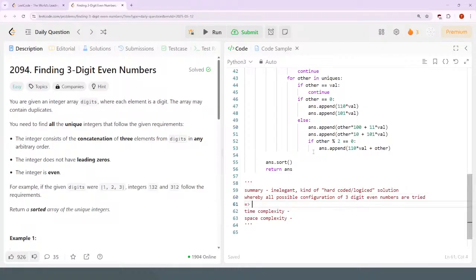So, like 3 unique digits ending with an even digit.